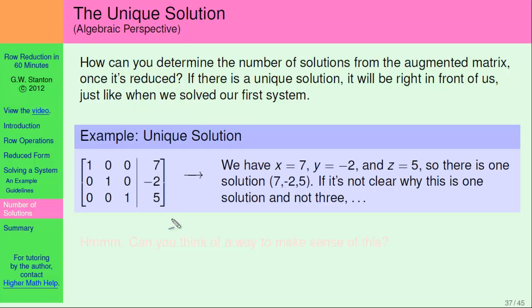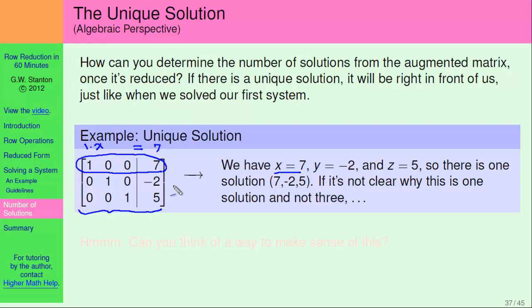Here we have a reduced matrix, which is what we get at the end of the row reduction process. And once we get that matrix, the next step is always to convert to a system of equations. The first row here represents the equation 1 times x equals 7, or in other words, x equals 7.